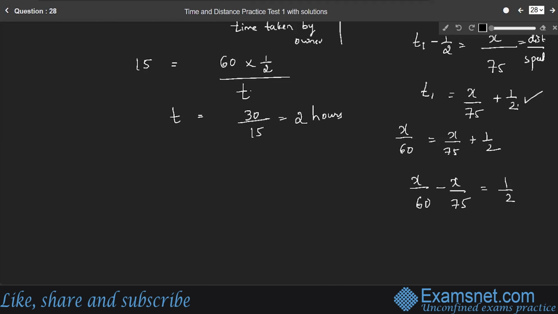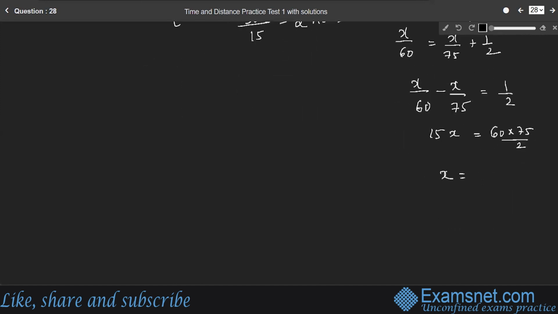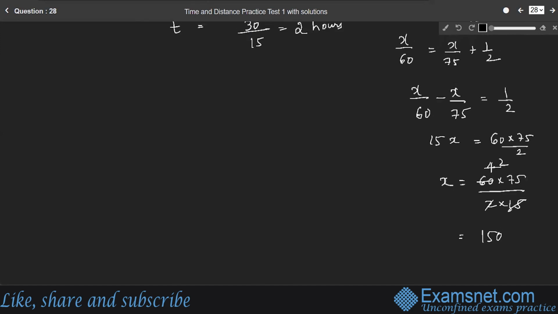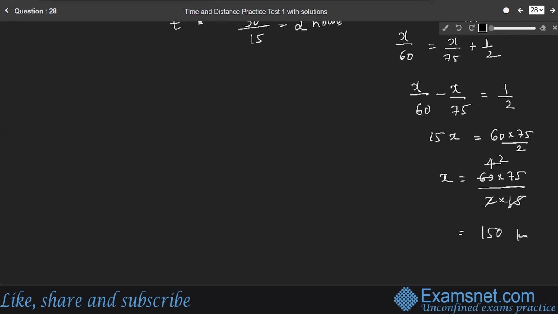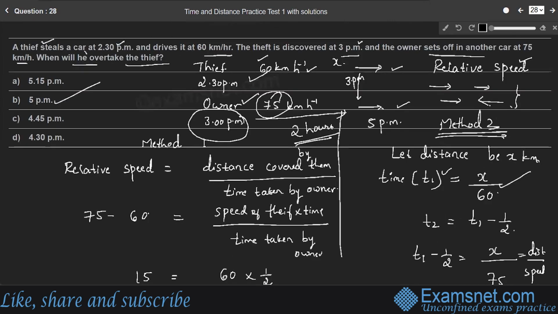So 75 minus 60 is 15x, which is equal to 60 into 75 by 2. Therefore, the value of x becomes 60 into 75 by 2 into 15. So 15 into 4, and 2 into 2, so 75 into 2 becomes 150. Here x is nothing but the distance covered by them, 150 kilometers.